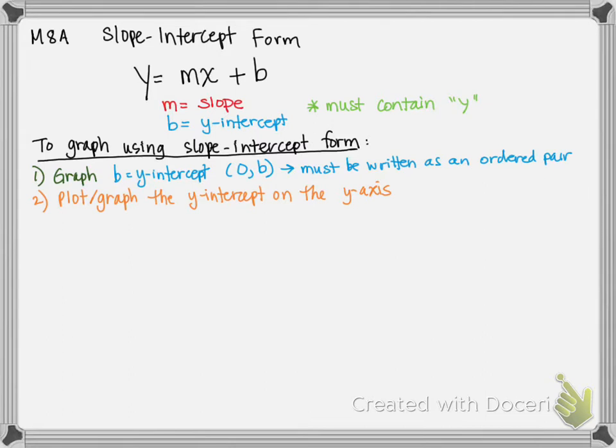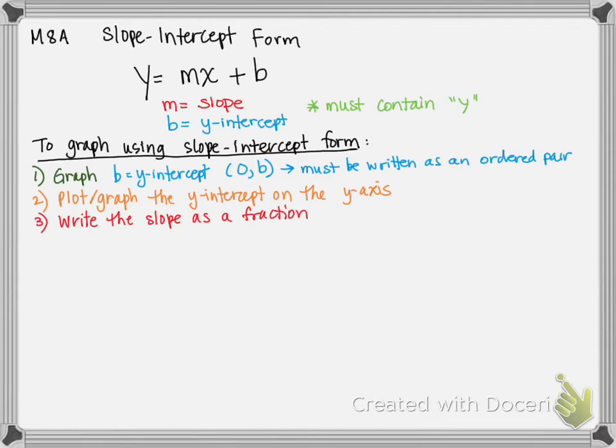All right, and then next, we're going to write the slope as a fraction. Now, a lot of times slope already comes as a fraction, but sometimes it's a whole number, so we would need to make it a fraction. So write the slope as a fraction.